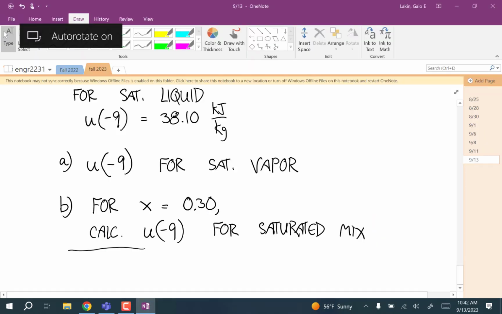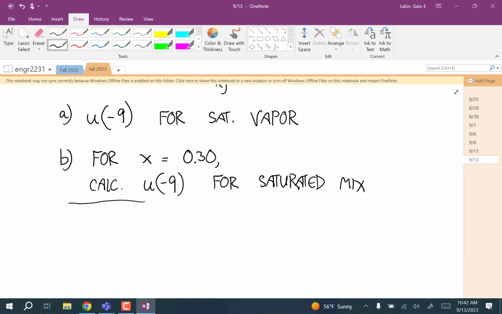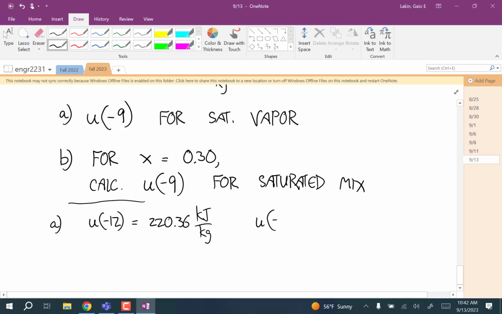Okay, so for part A, we're given from the table that at -12 degrees Celsius, we have 220.36 kilojoules per kilogram. And at -8 degrees Celsius, we have 222.60 kilojoules per kilogram.